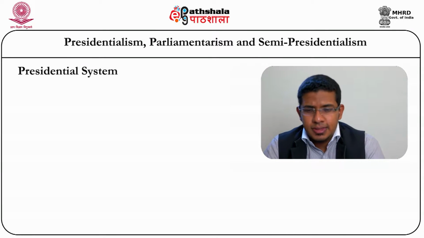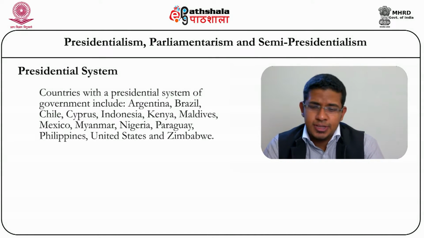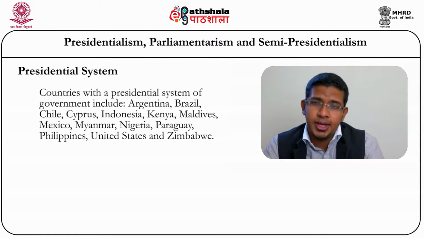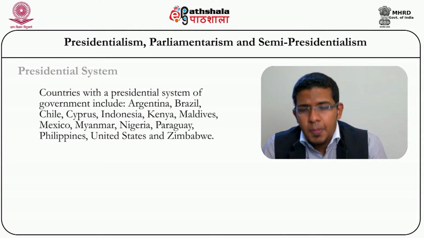Countries with a presidential system include Argentina, Brazil, Chile, Cyprus, Indonesia, Kenya, Maldives, Mexico, Myanmar, Nigeria, Paraguay, Philippines, United States, and Zimbabwe. But the key points that are emerging, at least from Sartori's definition, is that the head of state is popularly elected, and the fact that the president has considerable powers.